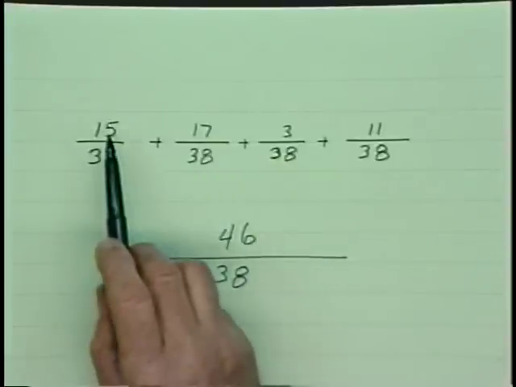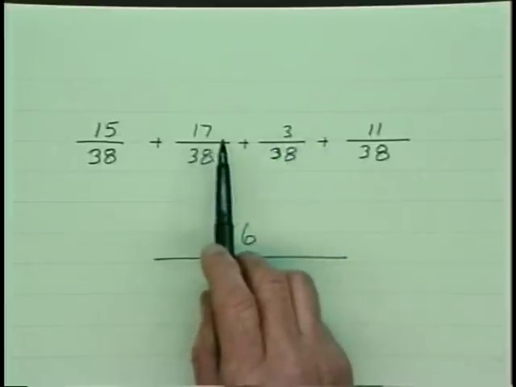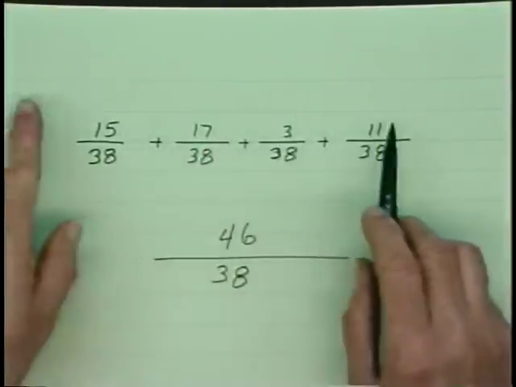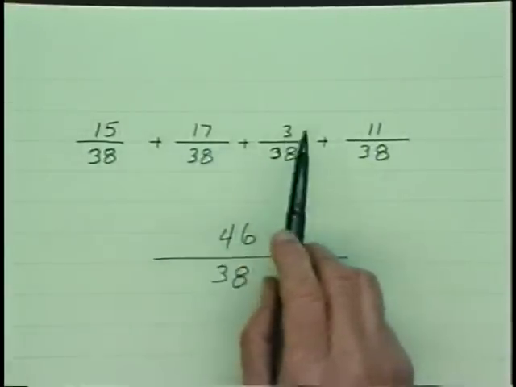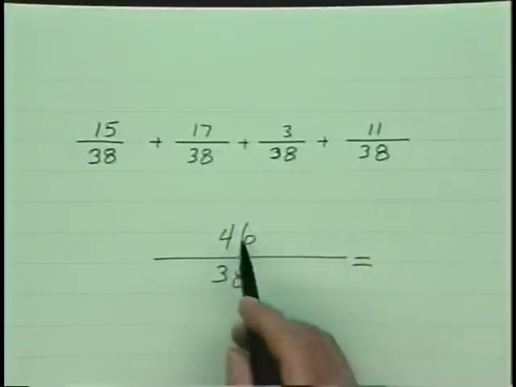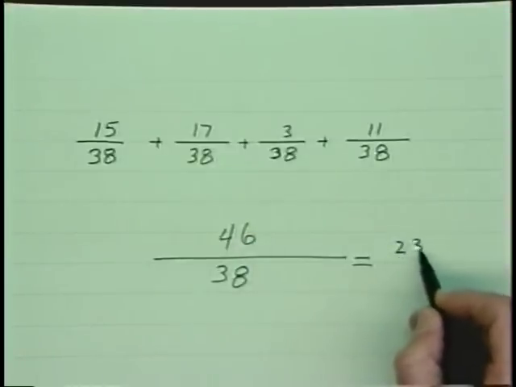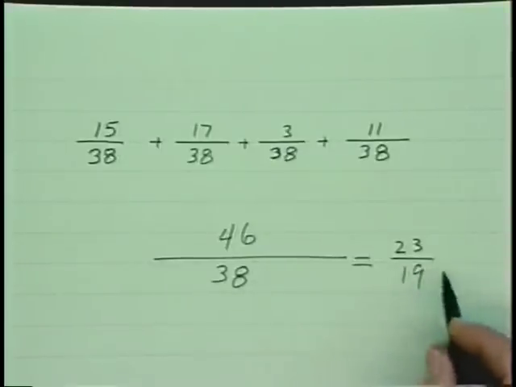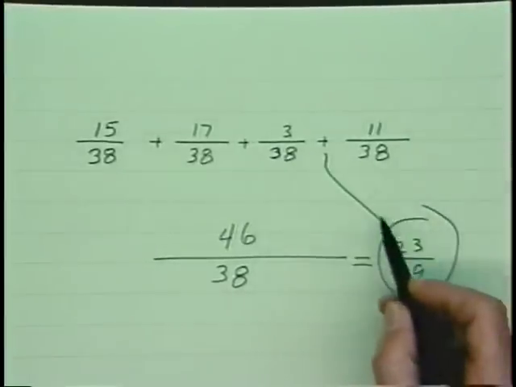So frequently, by using the laws we taught in chapter 1, the commutative and associative laws, which permit you to add in different orders, you can make what would have to be a paper and pencil task into a mental task. Then reducing, we can see that 2 goes into here 23, and 2 goes into here 19 times. So here we have our reduced sum.